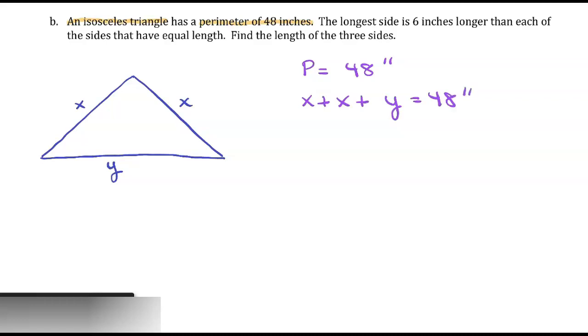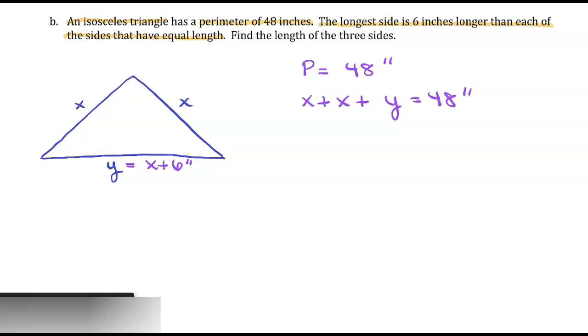Let's keep reading. The longest side is 6 inches longer than each of the sides that have equal length. That is, this longest side down here is 6 inches more than the other 2 sides, or x plus 6 inches.